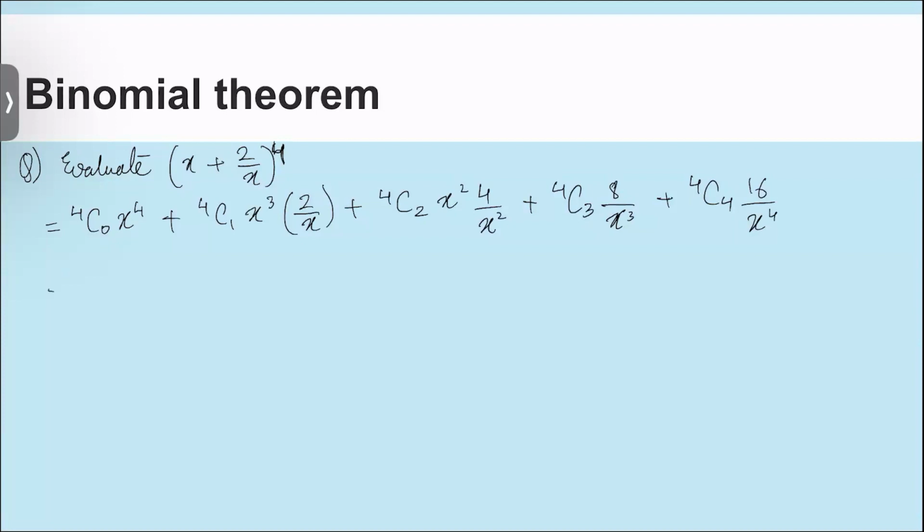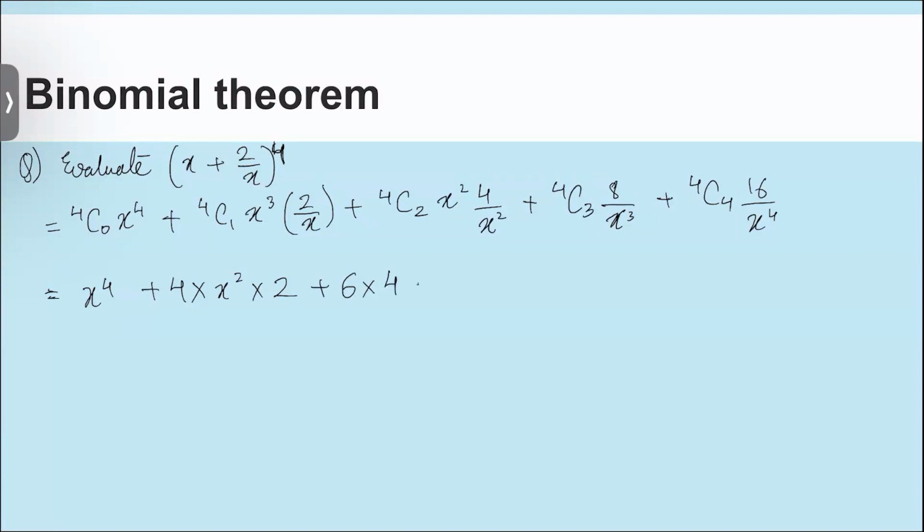Now you get all the coefficients. C0 is 1, so x raised to 4. 4C1 is 4 multiplied by x, and one x from the numerator gets cancelled, so you have x squared into 2. Then you have 4C2, that is 6, multiplied by x squared over x squared, which gets cancelled, so 6 into 4.